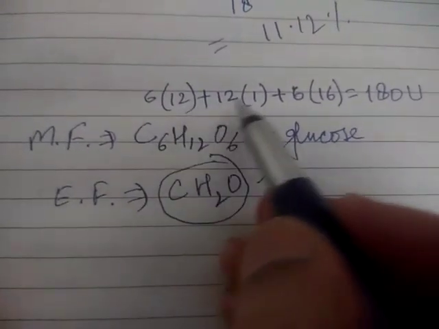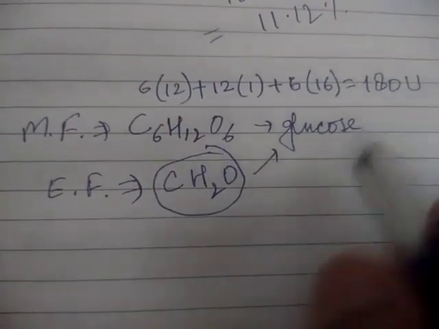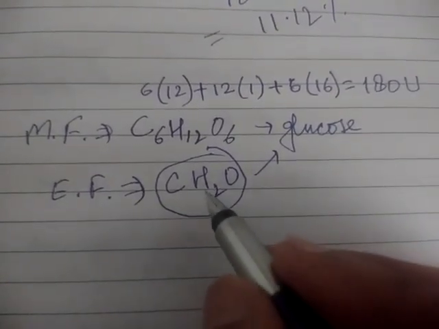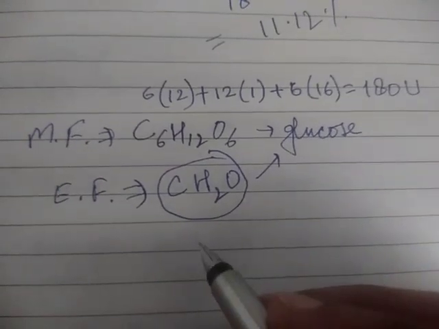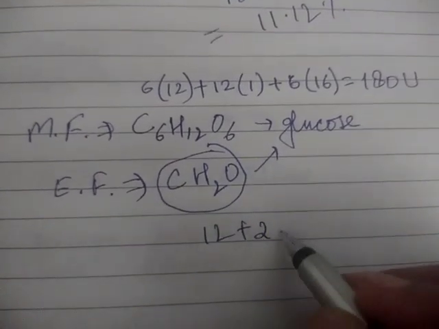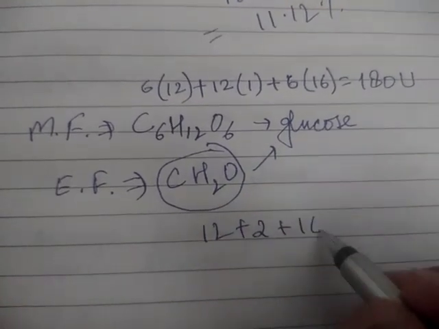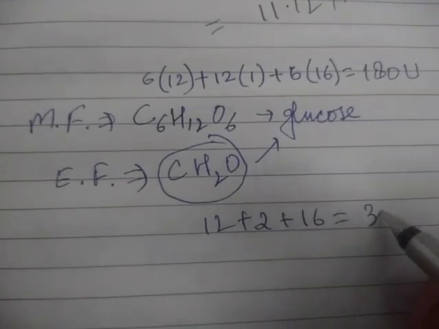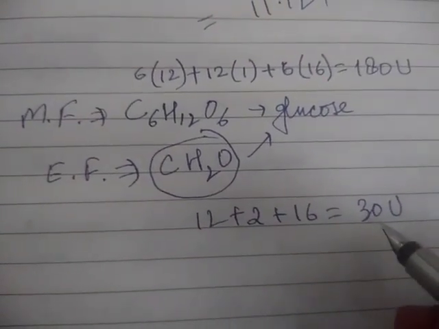So the molecular formula mass is 180 units for glucose, and the empirical formula mass of glucose is C1 means 12, 2 hydrogen, 1 oxygen means 16, so it will come out to be 30 U. So this is the empirical formula mass for glucose.